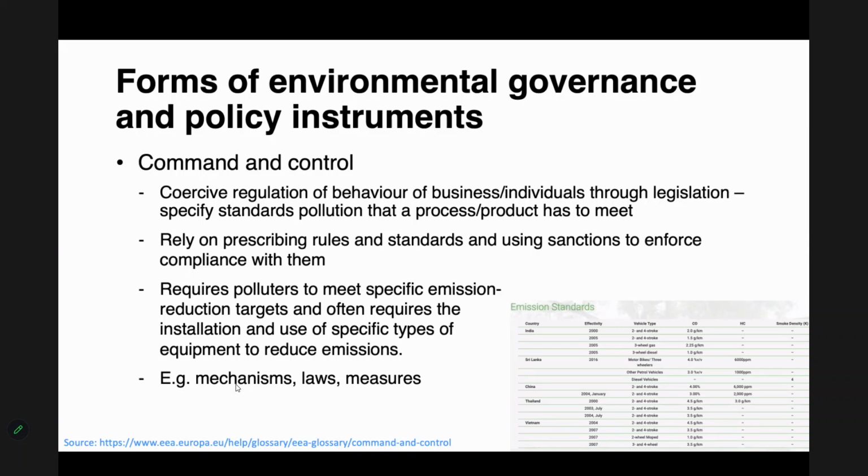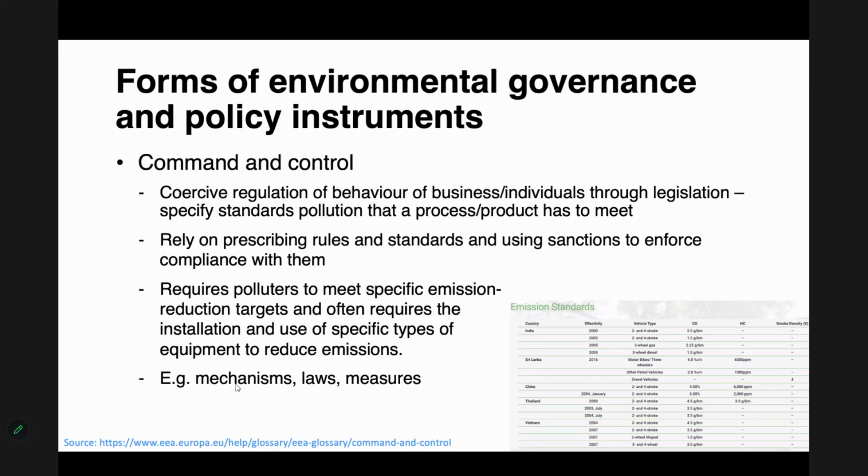So if there are targets about the level of pollution that can be in the water that you discharge into the river, then the businesses, the industries, they will have to take certain actions to purify, to maybe address that particular target. So it's basically command and control.